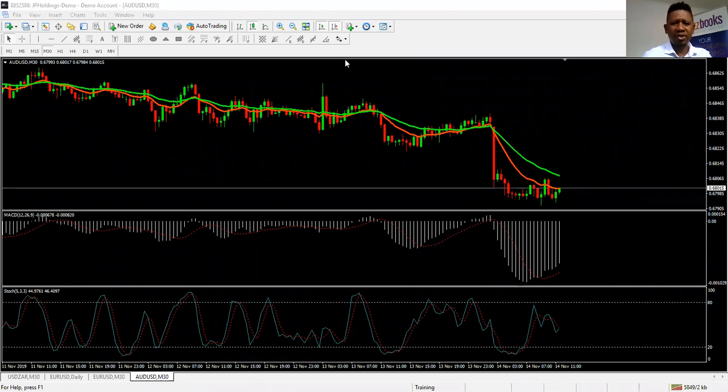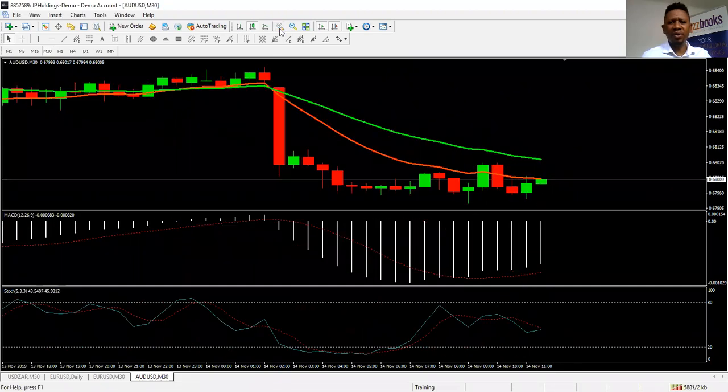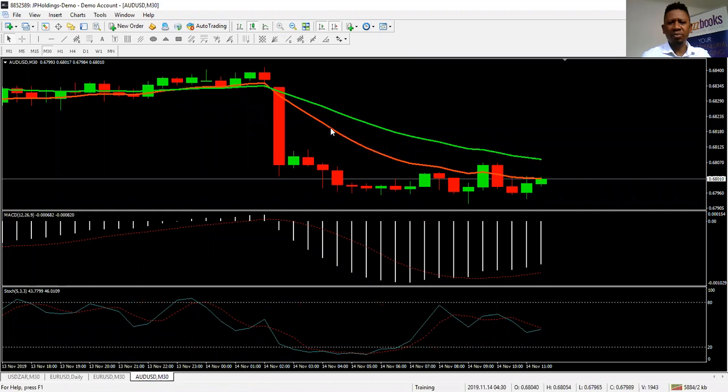Yes, our chart is on the Australian dollar and the US dollar on M30. So now we see step number 1, we see that the 12, just put a cursor there, the moving average 12 is below the moving average 26.